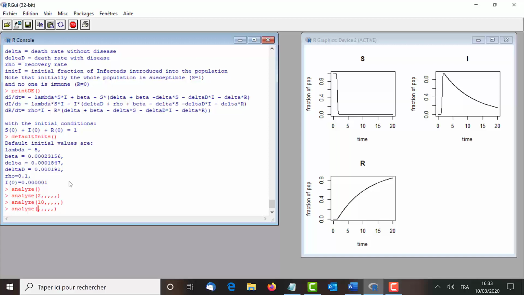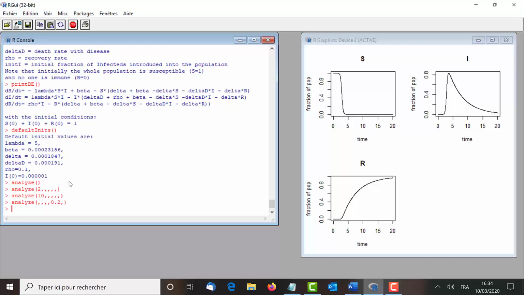So I would have 10 weeks of infectiousness, and that might not be realistic. So let's increase rho, which means we will decrease the length of time. Let's increase that to 0.2. That's 2/10, so that's 5 weeks of infectiousness.